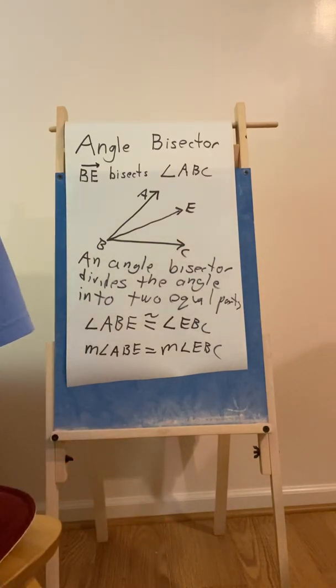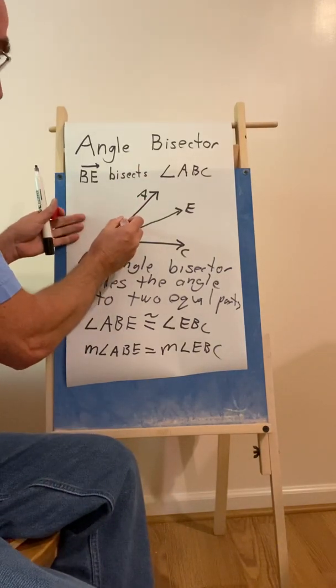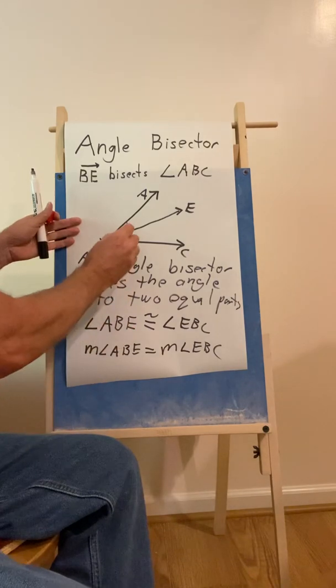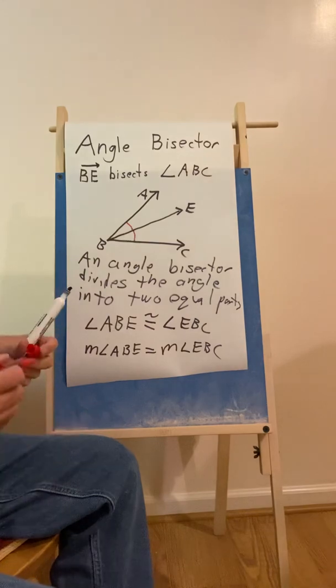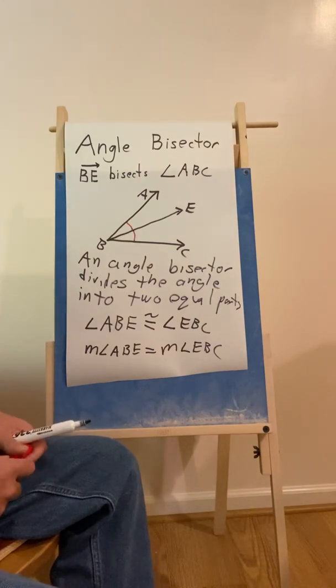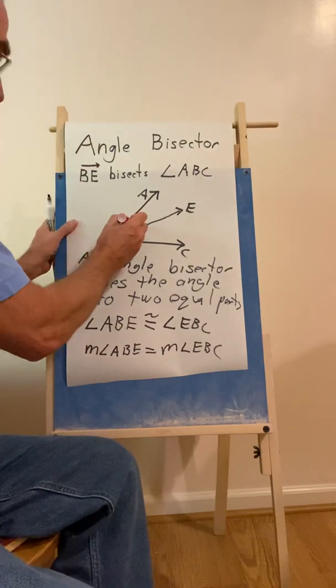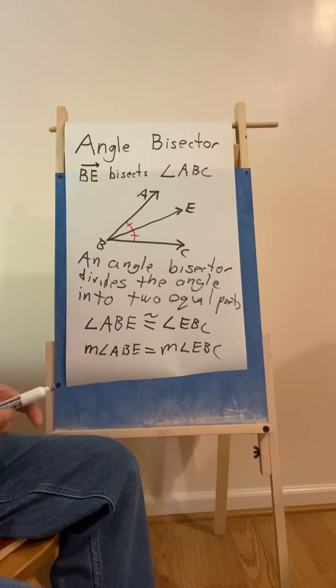Now I'm going to label them. This angle right here, that's ABE, is going to be congruent to this angle down here, EBC. Now, one way in geometry we mark things congruent is we put a little tick mark on them. So I can go like that and like that to indicate those two angles are congruent.